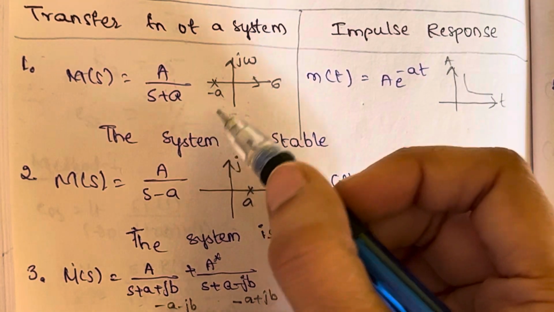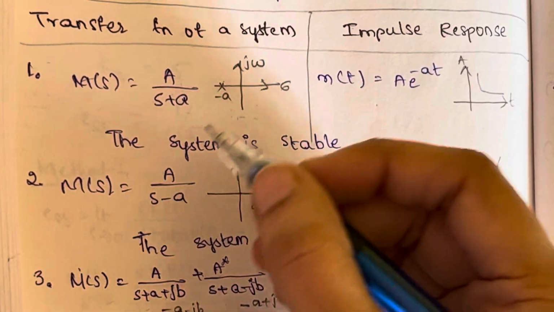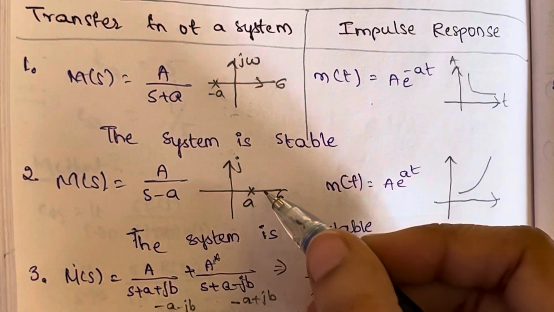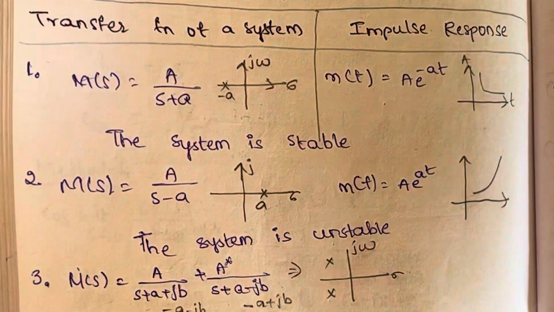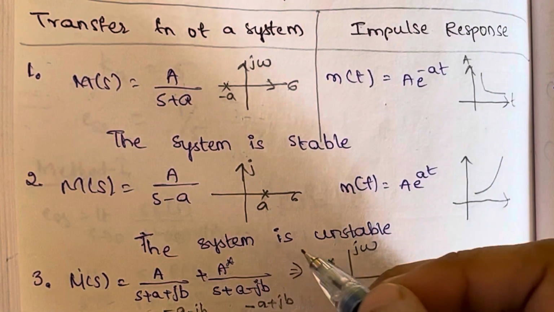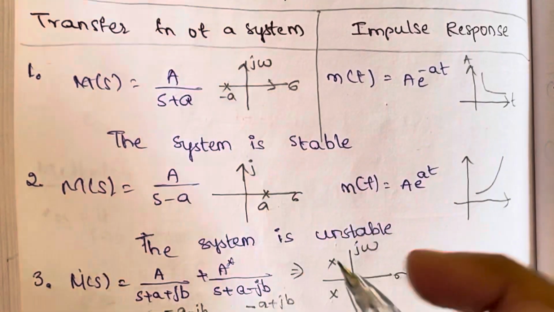When the pole is located in the right half, the system is said to be unstable, and this is its impulse response.